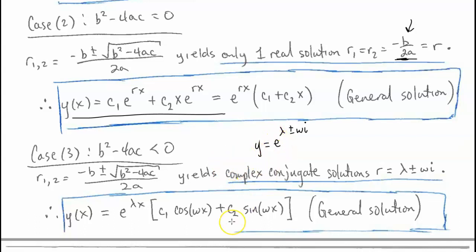So we had to find a linear combination of it using just real valued functions. And we found that cosine and sine times this exponential were the functions that were part of the basis of solutions for it.